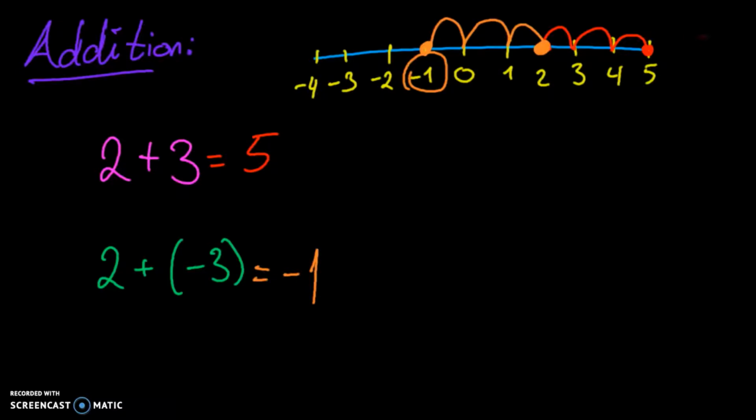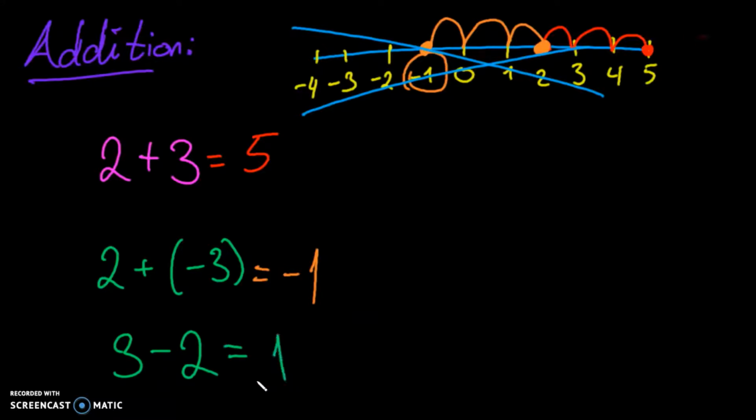Now, the way you would do this without the number line is you look at the signs. So here you don't have anything, so it means it's positive. And here you have a negative. So whenever they have different signs, you take the bigger number, 3, and you subtract 2. 3 minus 2 is 1.